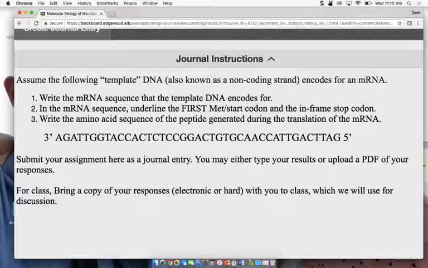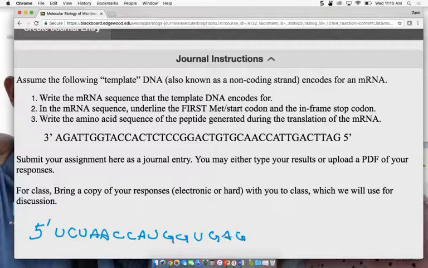Okay? So what I want you to do, I think I'll write this out real quick and double check your answers as I'm writing this out, and then we'll go ahead and scan for that first AUG. All right, so this will be my 5' end, and U, C, U, A, C, C, A, U, G, G, U, G, A, G, A, G, G, C, C. Can I just stop?